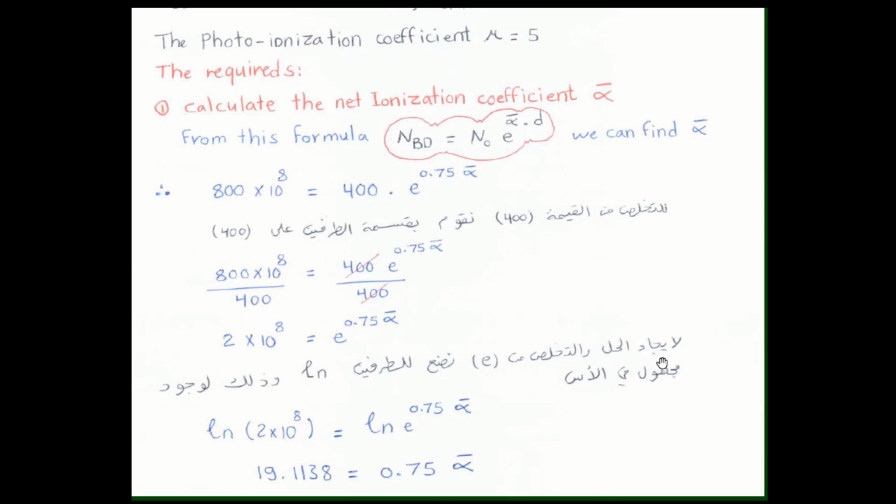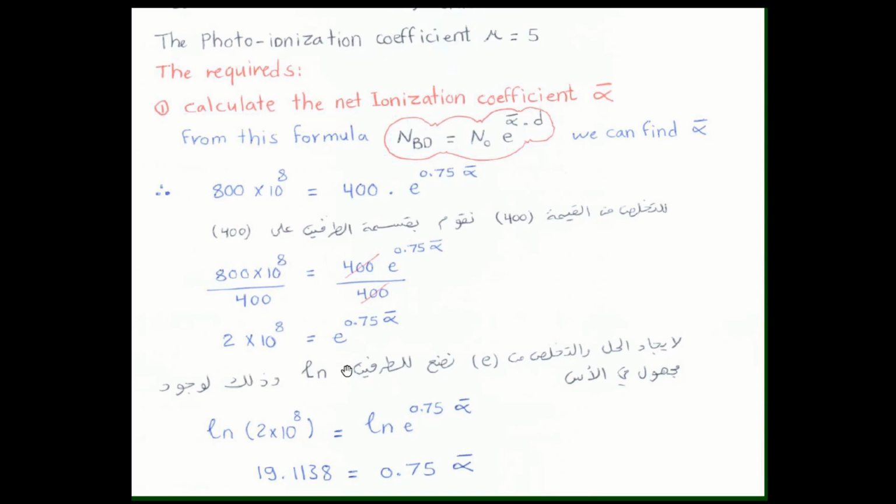Okay, to find the solution and to remove e from this equation, we have to use ln. We use ln because we have an unknown value in the power. If you have any unknown value in the power, you have to use ln to find it.